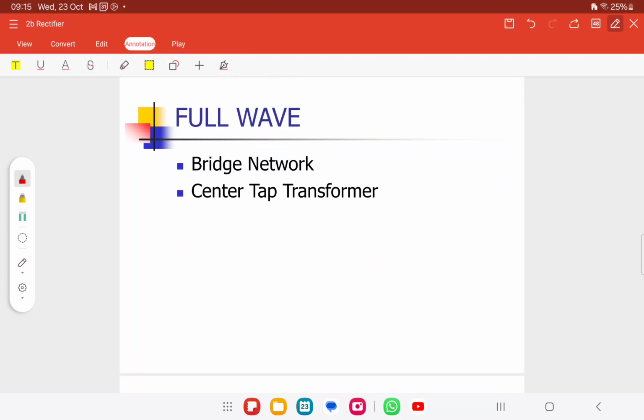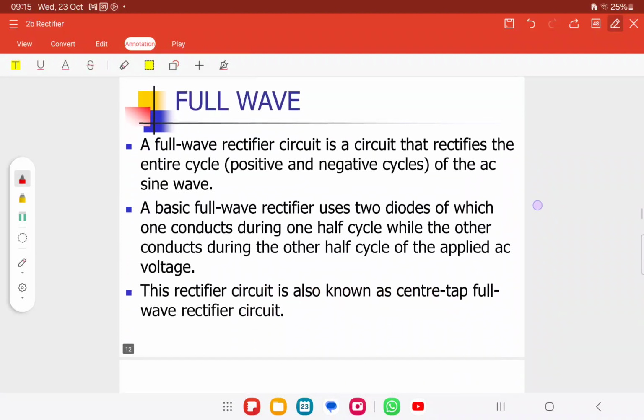Okay. So now I want to show on the full wave pula. Nak tengok yang full wave rectifier. We have two types of circuit: bridge network and center tap transformer. Okay, for this full wave can convert high AC to low DC voltage.